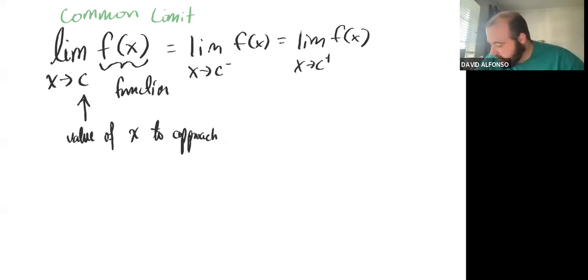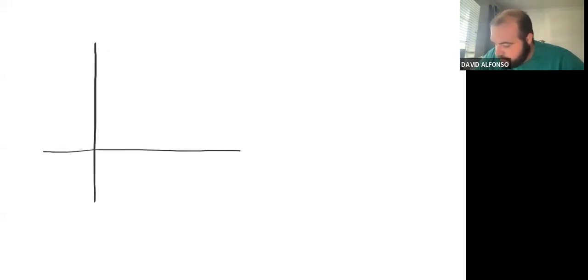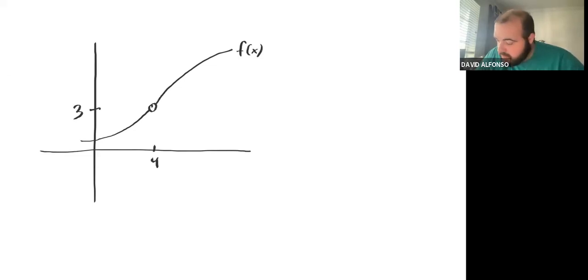It's pretty easy to prove graphically. Like again, if you have something like this, and this is function f of x, notice that f of 4 does not exist, because there's a hole there.